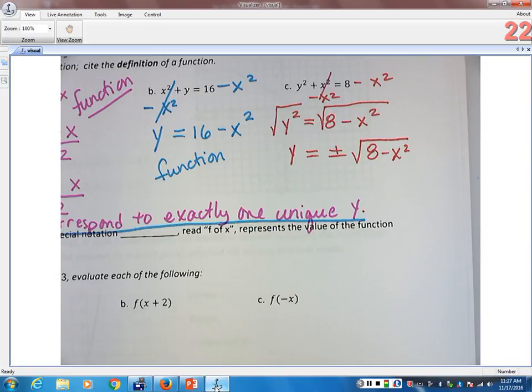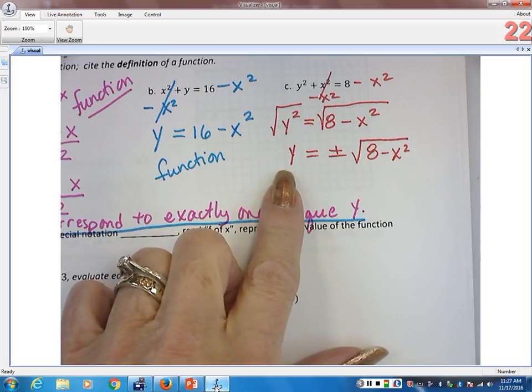How many ways can you get a number that would give you 4 for the square? The square root of 4 is positive 2, because 2 times 2 is 4. But it also could be negative 2. Negative 2 times negative 2 is also 4. Okay? So y could be positive 2 or y could be negative 2, either one.